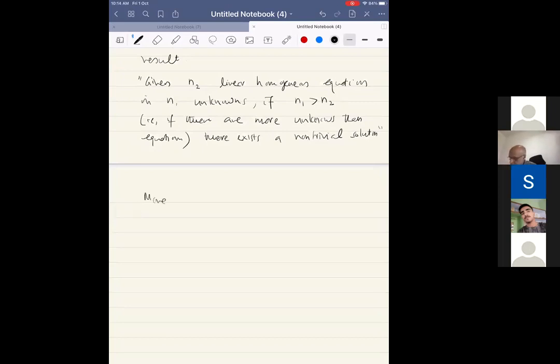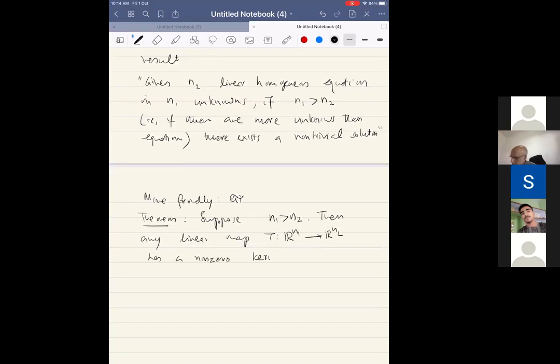More formally, theorem: suppose n1 is bigger than n2, then any linear map T from R^n1 to R^n2 has a non-zero kernel.